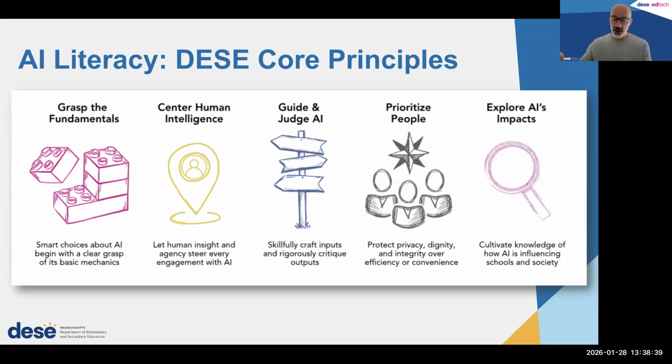In the next 2 videos in the webinar series, we're going to explore prioritizing people, which really focuses on student data privacy and making sure we're thinking about the end users. And then the last part is going to be exploring impacts beyond just touching our keyboard, but bigger ideas around environmental impact and academic integrity and those sorts of concerns.